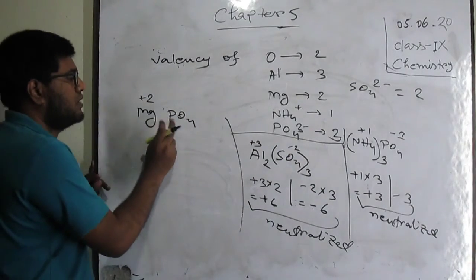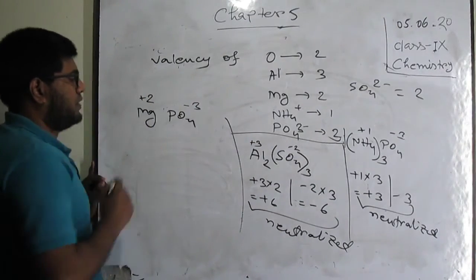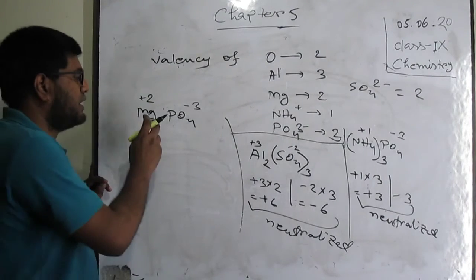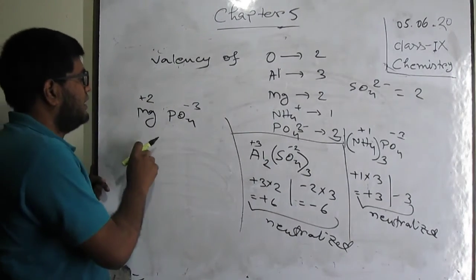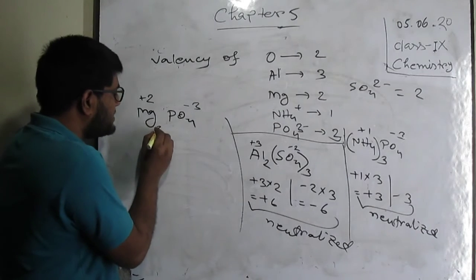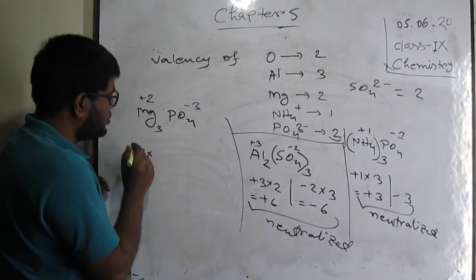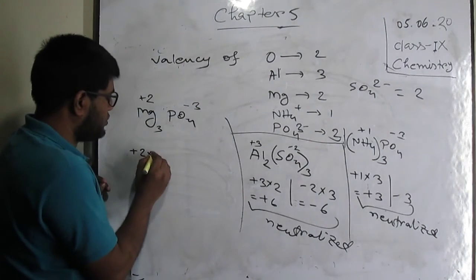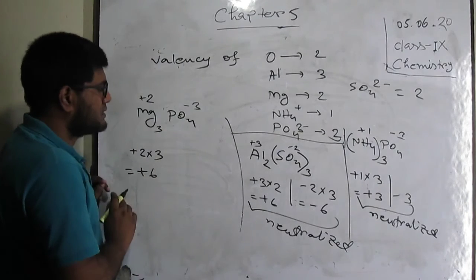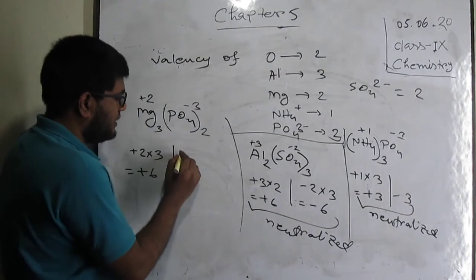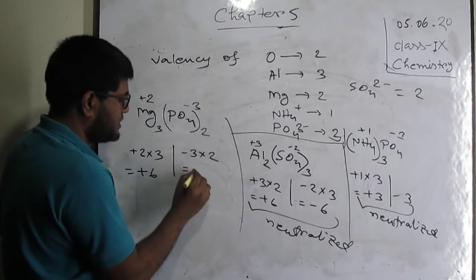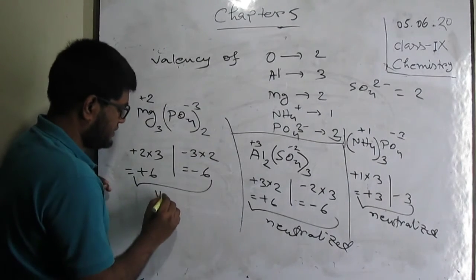The phosphate is minus 3. So how can I write the formula? Yes. If 3 magnesium donates plus 2 into 3, that is plus 6, and if I write 2 here, then minus 3 into 2, that means minus 6, then balanced.